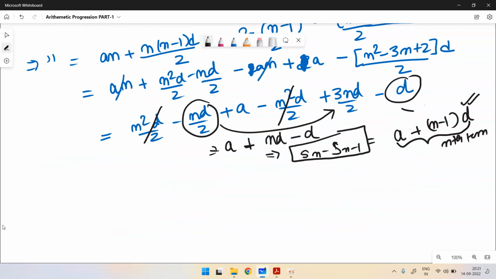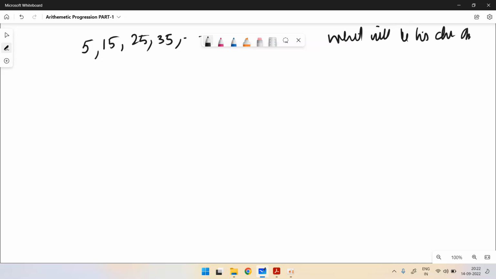Now some question based on this. There was one question I had initially taken: suppose someone's father gives him 5 rupees, then the next day he gives him 15 rupees, then 25 rupees, then 35 rupees, and so on. Then what will be his child's income in 30 days?